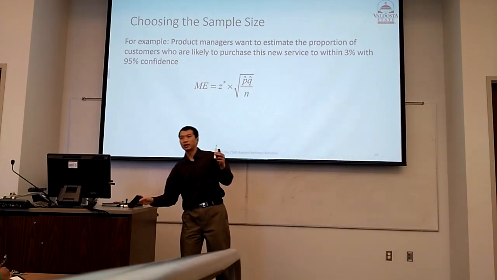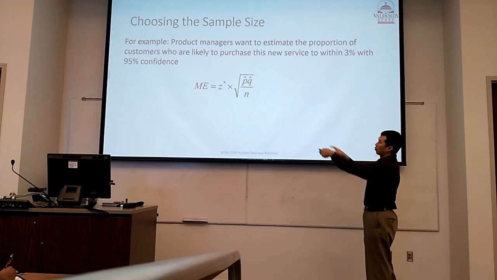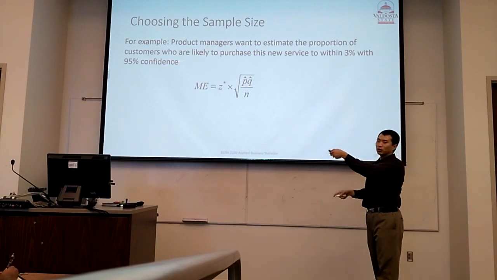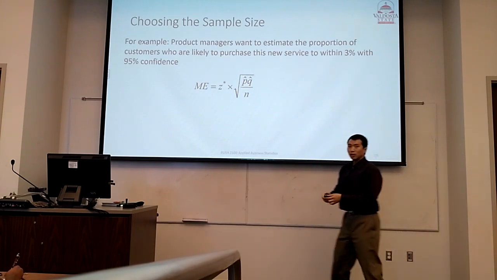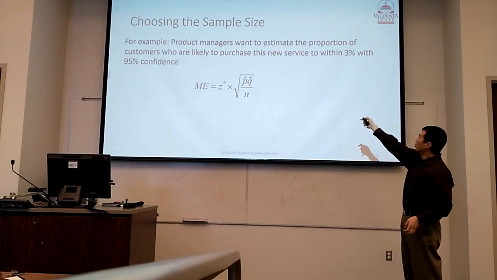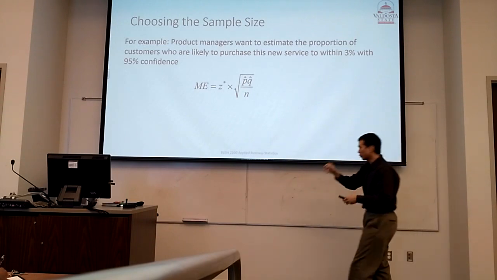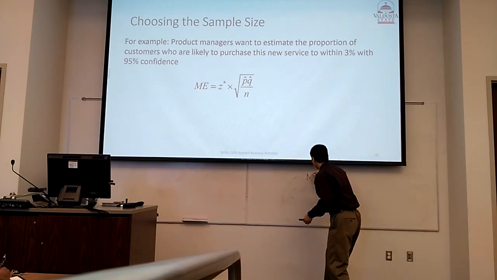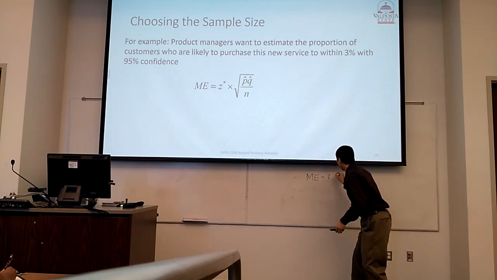For questions like this, we use this formula: margin of error is equal to the critical value times the standard error. The information we know from the description is that we have 3%. This 3% is your target margin of error.